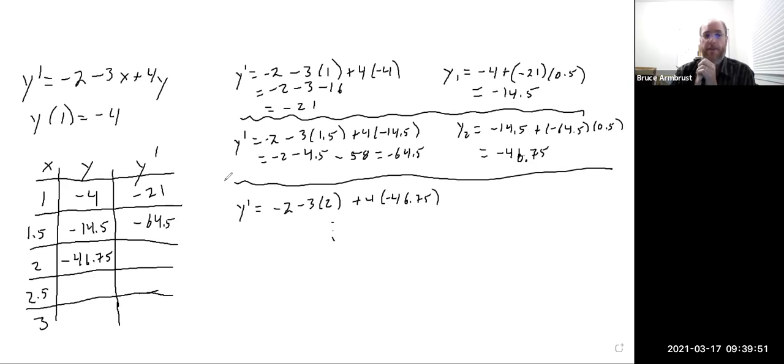I'm not sure if the more sophisticated ones, like the TI-89s and these other ones that have computer algebra systems, still do it this way. But if you make that step size small, especially on a screen like a calculator screen, you're not going to be able to see the difference, and it's going to look like a smooth curve.